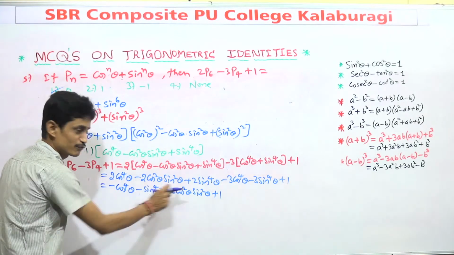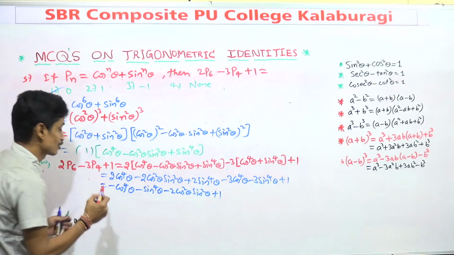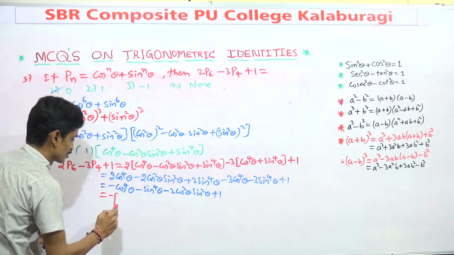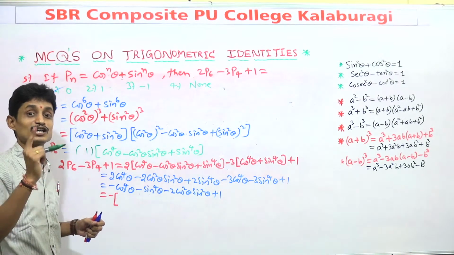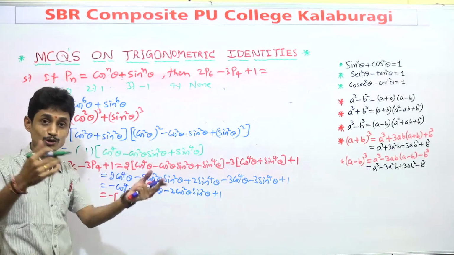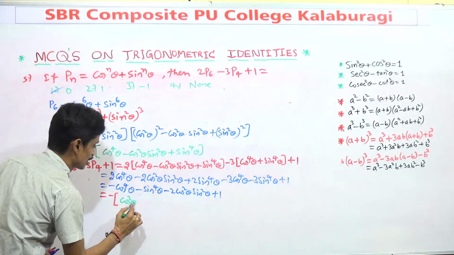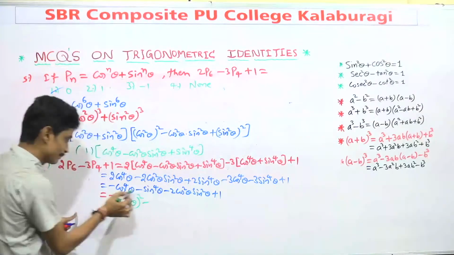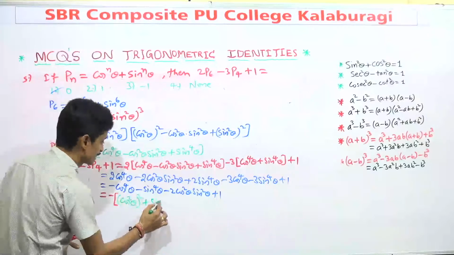Properly focus on this step. I will rewrite by taking the minus sign common. Remaining is cos power 4 theta. How to arrange that? Like this: cos square theta whole square, with the minus sign taken out, it will be a plus sign. How can we arrange sin power 4 theta?